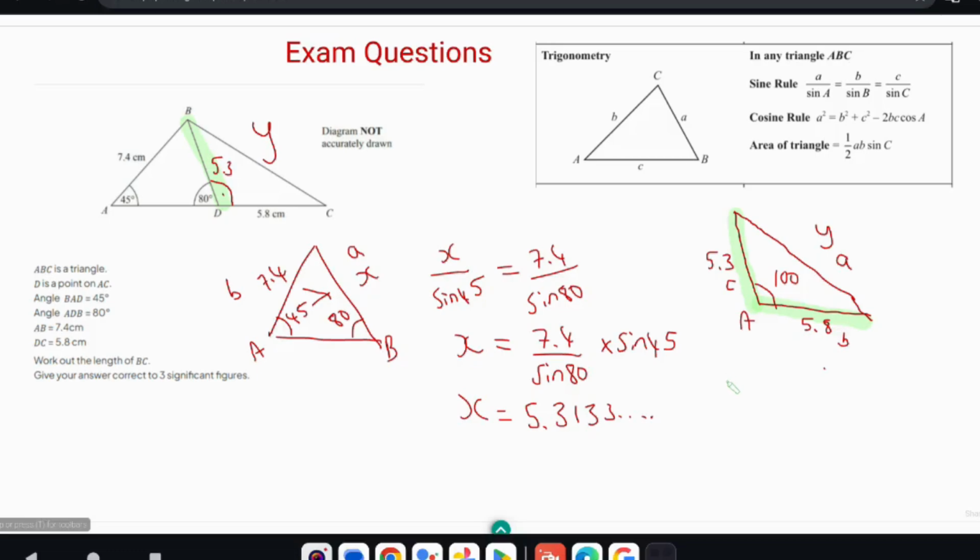So y squared equals b squared plus c squared minus 2 times b times c times cos A. And just fit it in there. So y squared is equal to, type that into your calculator. I'm going to use 5.3133 when I type it in my calculator though. I'll get a more accurate answer.